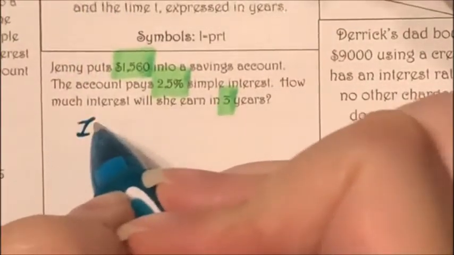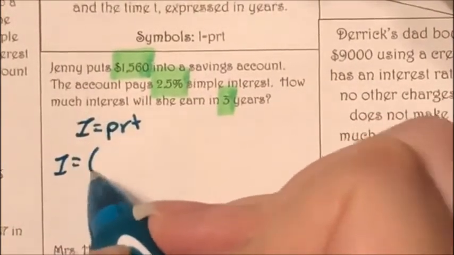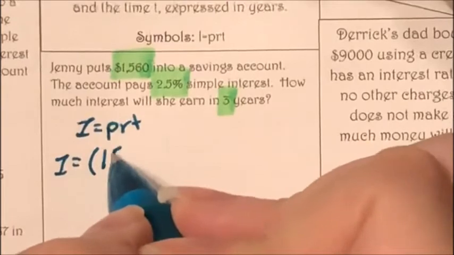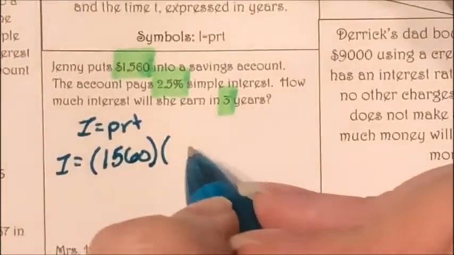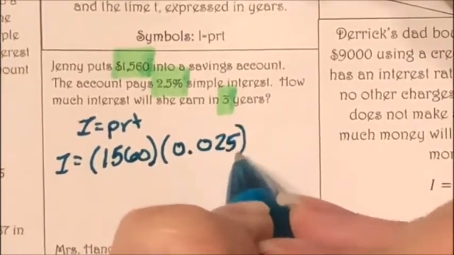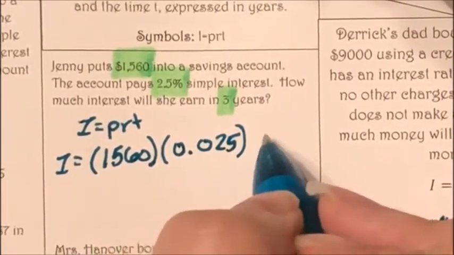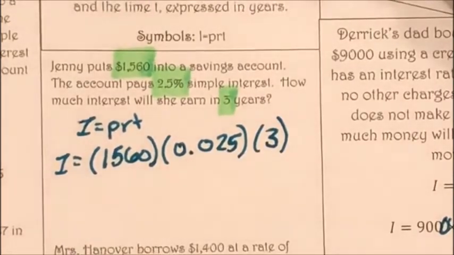So I have I equals PRT. I equals my principal, 1,560, times my rate, which is 0.025. Remember, I changed my percent to a decimal, times my time in years, so times 3.